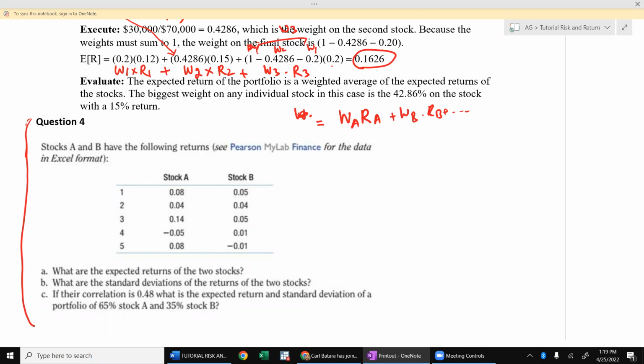Stocks A and B have the following returns. Stock A has returns for years 1, 2, 3, 4, 5. Stock B has returns for years 1, 2, 3, 4, 5. Is this historical data or probability based data, students?